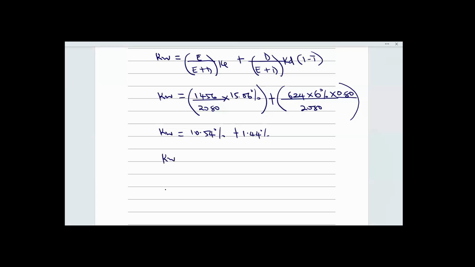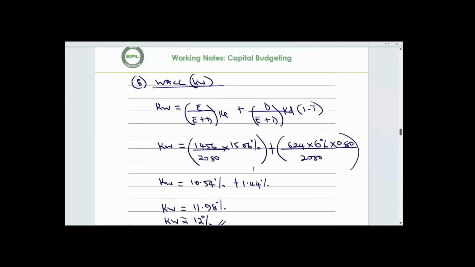So when you add the two together, that will give you 11.98%. So approximately our WACC is equal to 12%. That's how to calculate project-specific WACC.